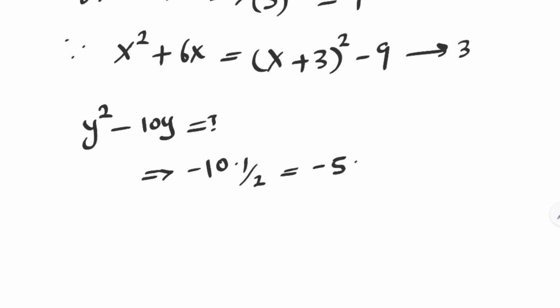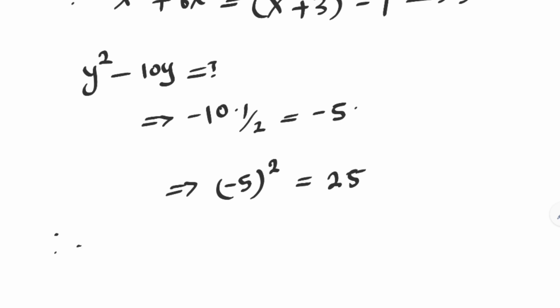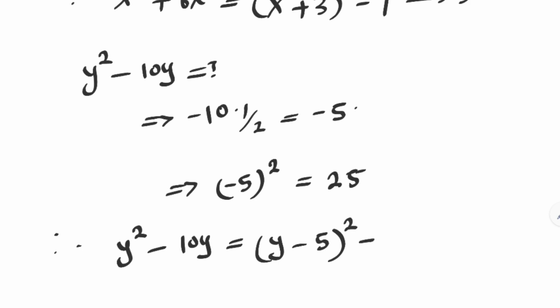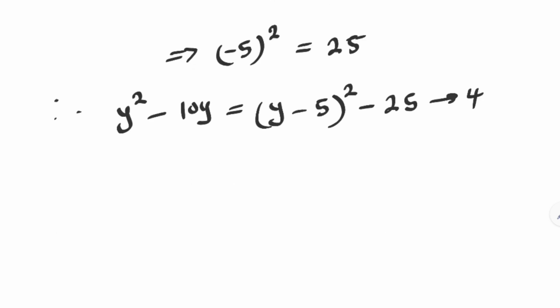Then we have minus 5 all squared, which is equal to 25. Therefore, y squared minus 10y is equal to (y minus 5) all squared minus 25. Let us call this equation 4.